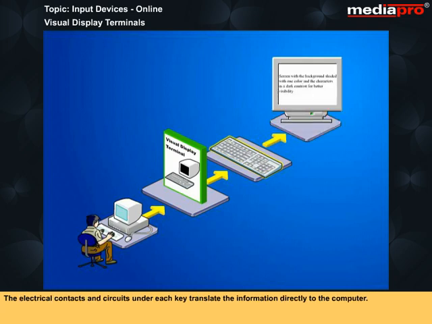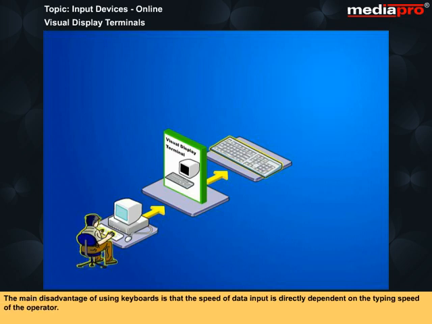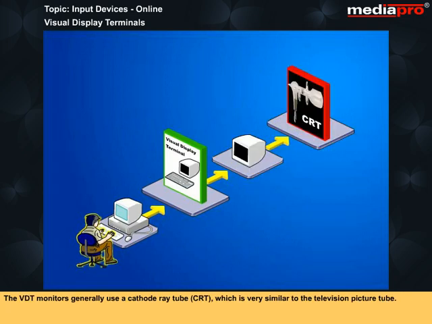The electrical contacts and circuits under each key translate the information directly to the computer. The main disadvantage of using keyboards is that the speed of data input is directly dependent on the typing speed of the operator. The VDT monitors generally use a cathode ray tube or CRT, which is very similar to the television picture tube.